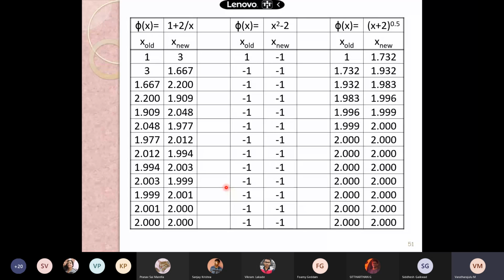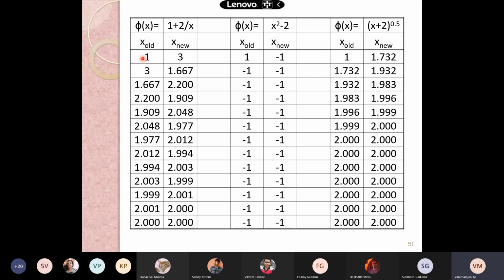This is the result when we approach this with Excel. You try it with your Excel. This is g of x for these three different cases: 1 plus 2 by x, x square minus 2, and x plus 2 the whole power 1 by 2. So this is the initial guess.